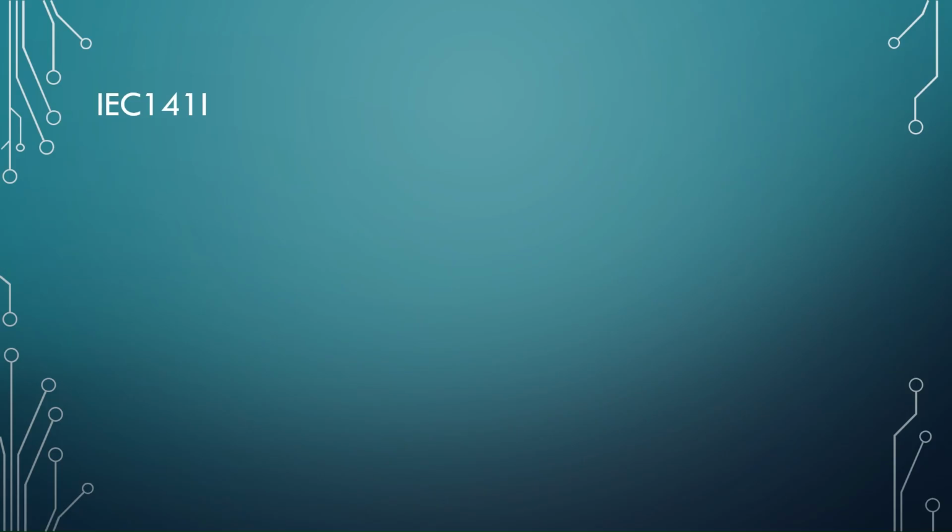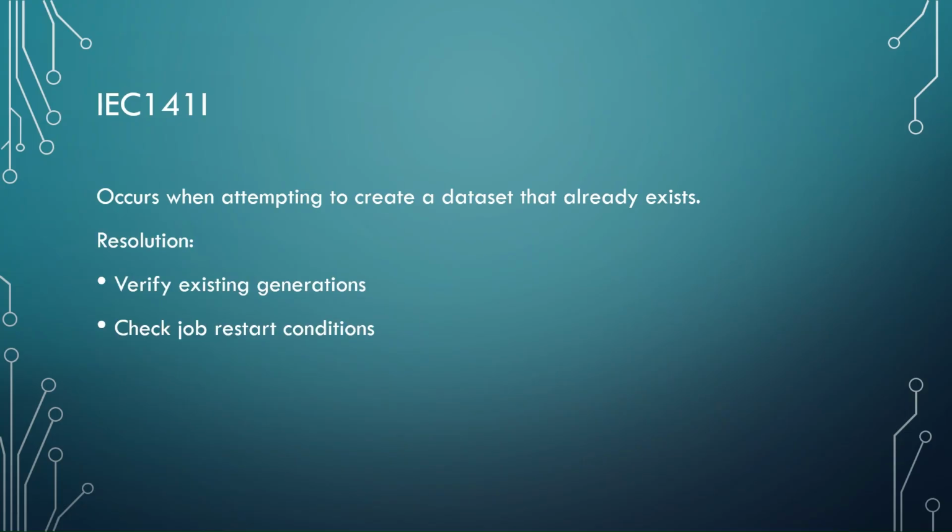Then IEC141I. This error usually occurs when attempting to create a dataset that already exists. Most of the time, this happens due to incorrect restart handling or dataset naming issues. Always verify existing generations before running jobs.